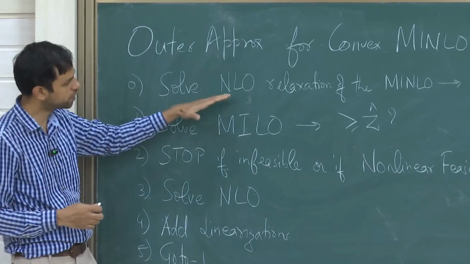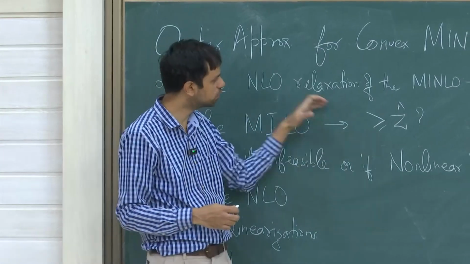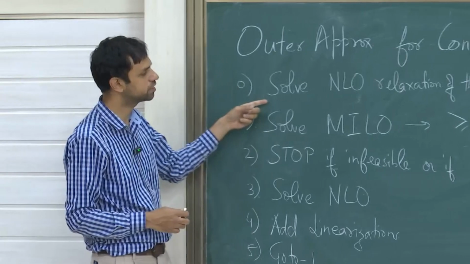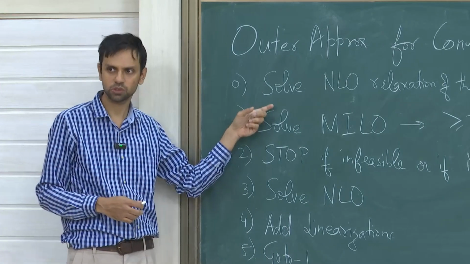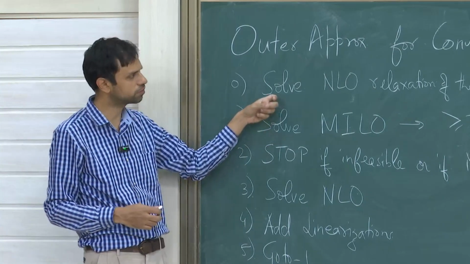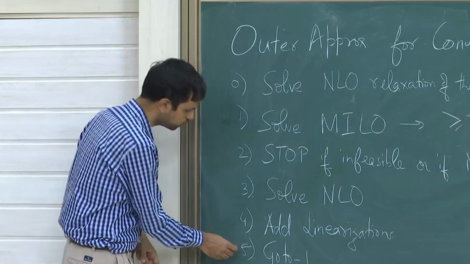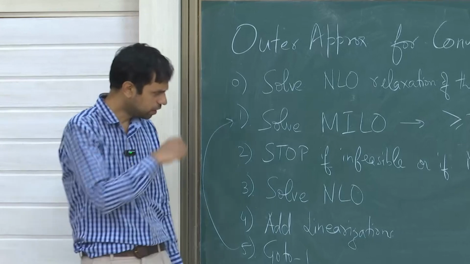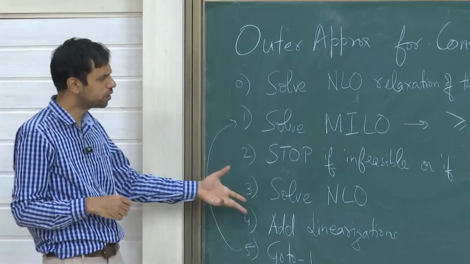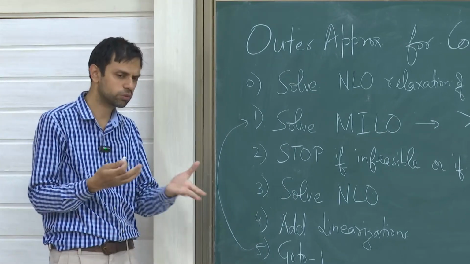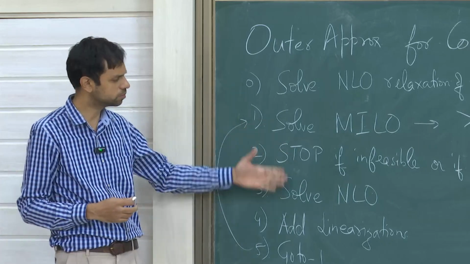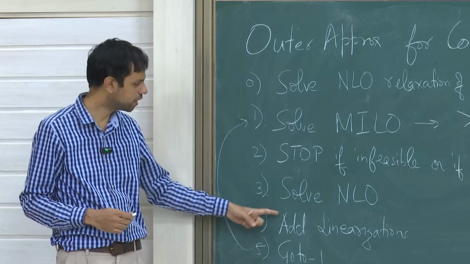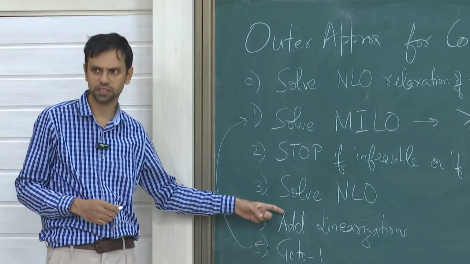Okay, so we get a lower bound which is equal to the NLO relaxation or higher if we do this initial step. Okay, so typically solvers will start with this step and then do this loop many times. Okay, and you can stop in between, and if you hit some time limit, you still have a lower bound coming from this step and a possible upper bound coming from this step.